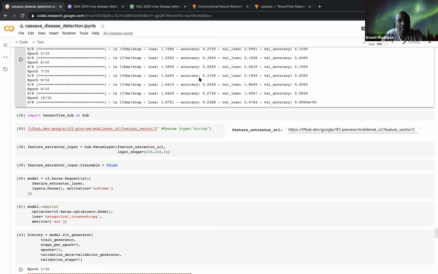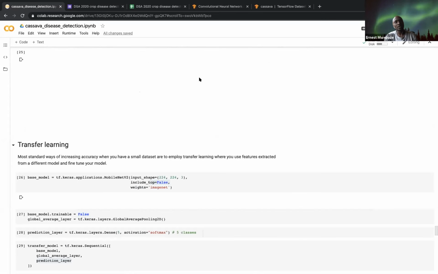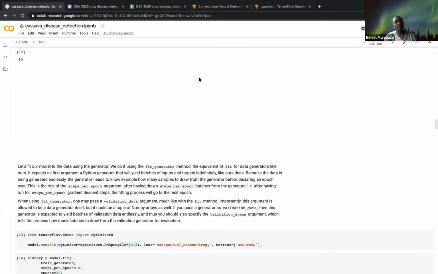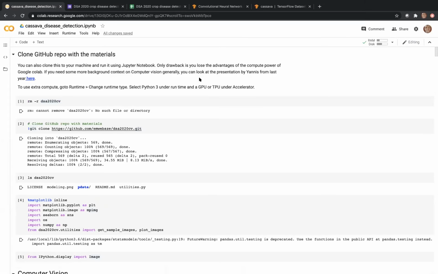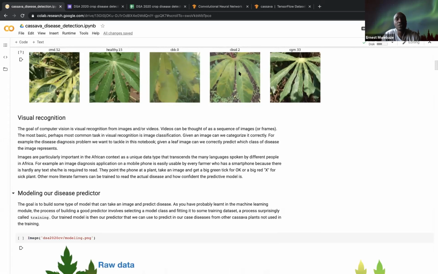The simplest way is to do something like what we've done. Imagine the leaves we've shown here. Yeah, the leaves.